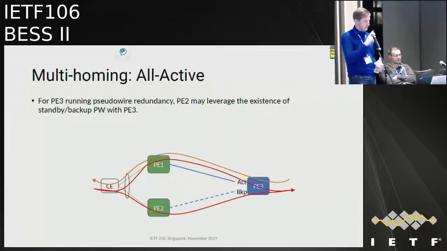So for all active, for a PE3 running pseudowire redundancy, represented here by the solid blue line and the dotted blue line, PE2 can actually leverage the existence of this blue dotted line to forward traffic in the left to right direction, so from the CE into the core. The only caveat is obviously the reverse path traffic. So PE3, being a legacy PE, will only be sending the traffic over the active pseudowire.